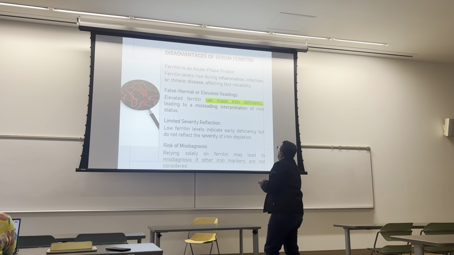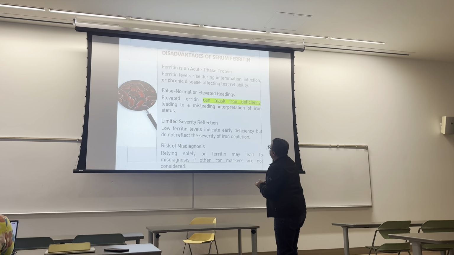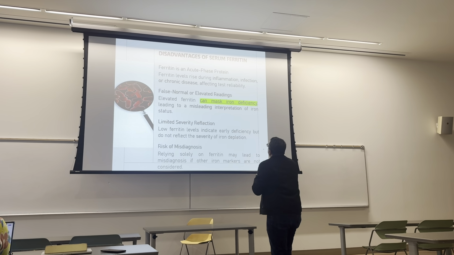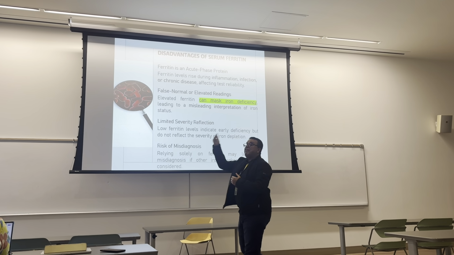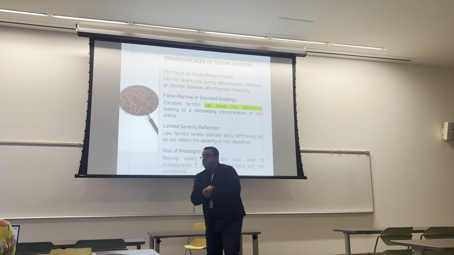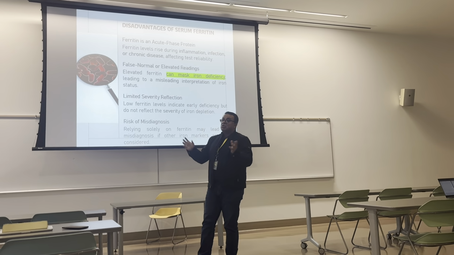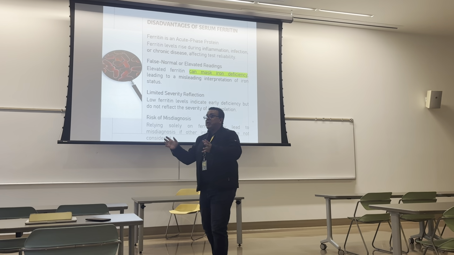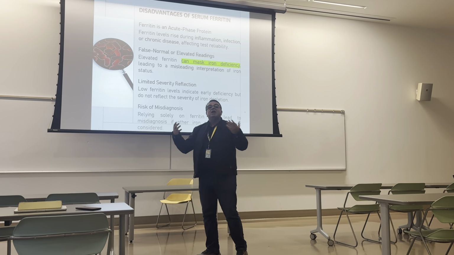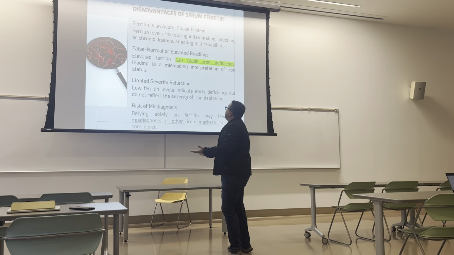Sometimes it gives me a false normal, or even an elevated number, when I am having iron deficiency. So the correlation between the ferritin and the iron store in the case of inflammation does not exist.